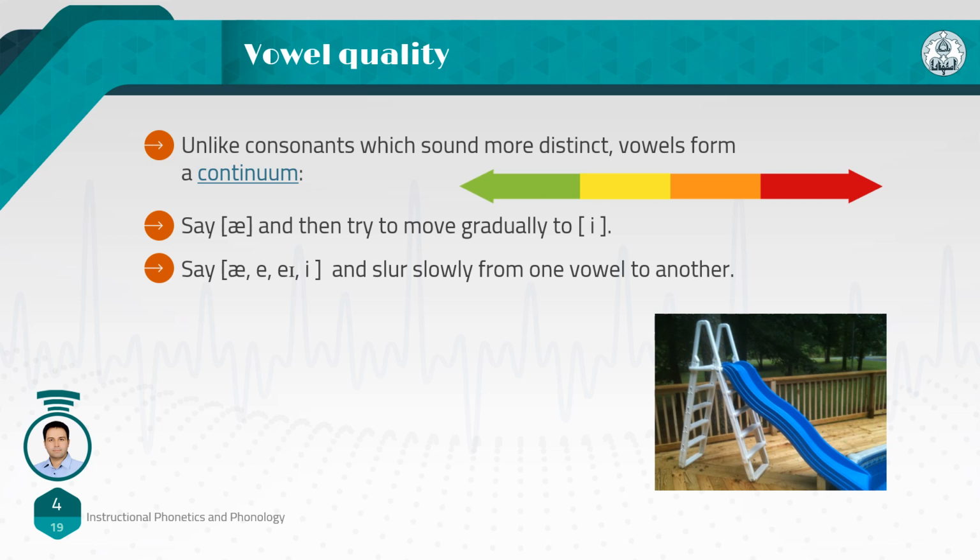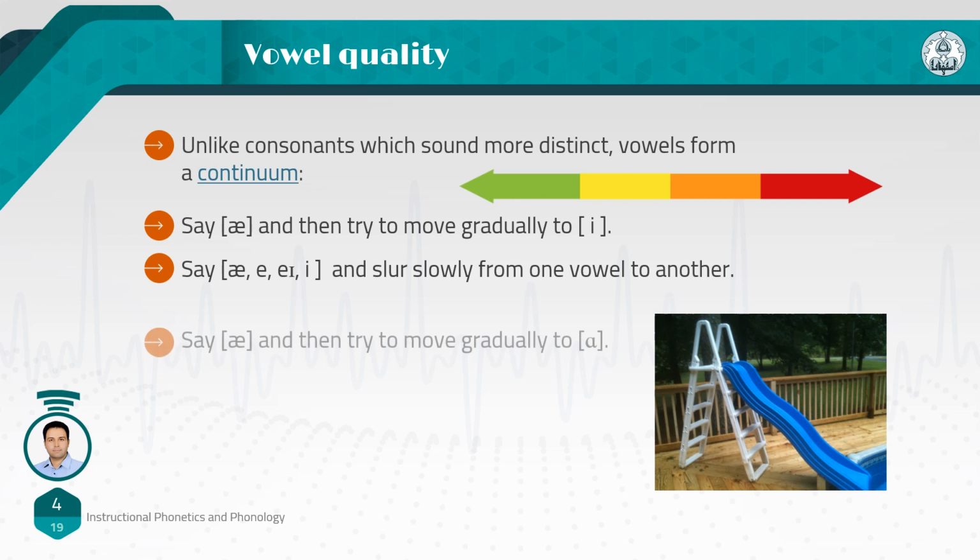Now try saying this: A, and E, and slur slowly from one vowel to another. You can hear the same thing. This shows that unlike consonants, which are distinct, vowels form a continuum.